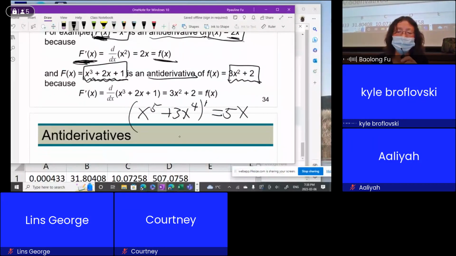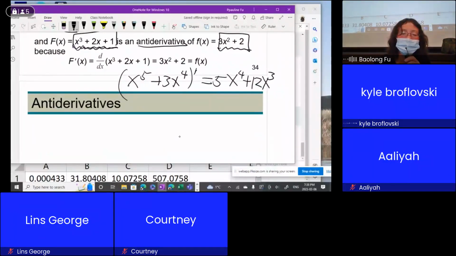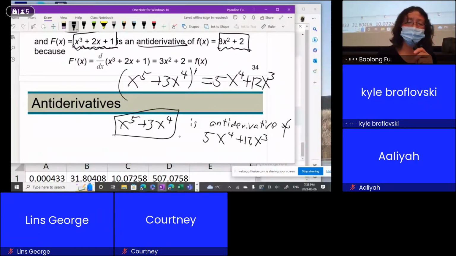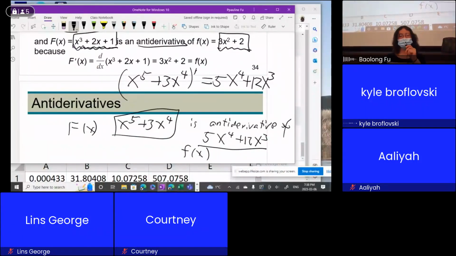You get 5x^4, 12x^3. Because of this, you call this function the antiderivative of this function. So this we use capital letter F, and this we use small letter f. Hope you understand what an antiderivative is.